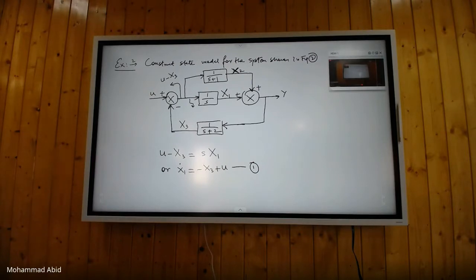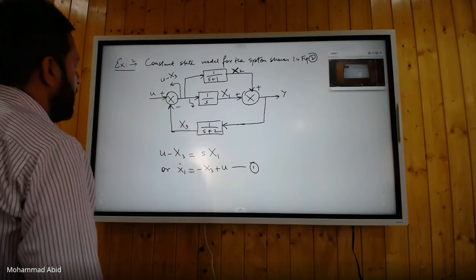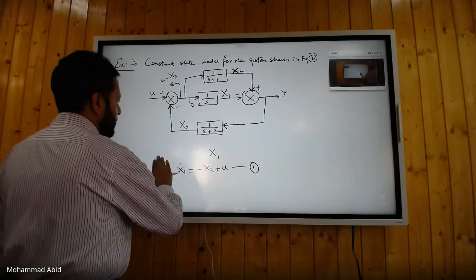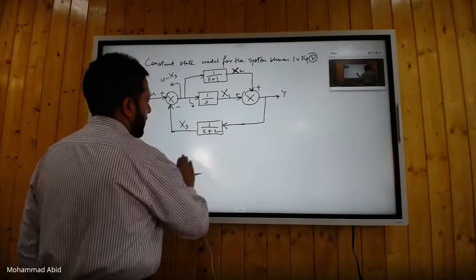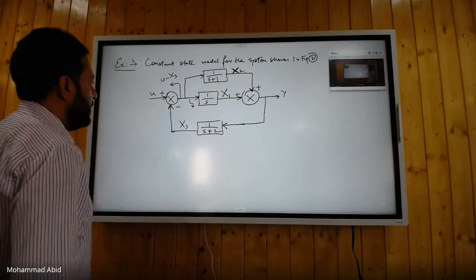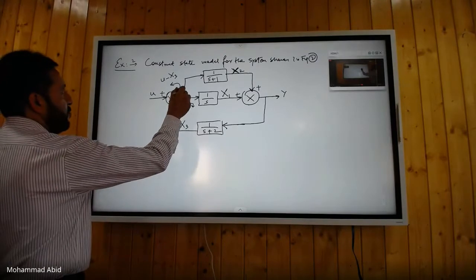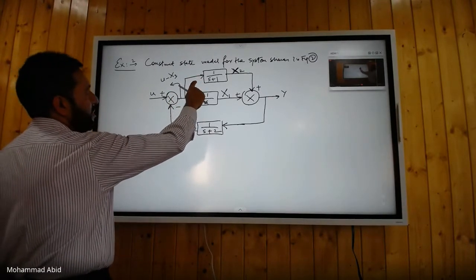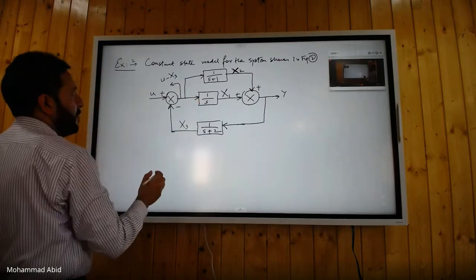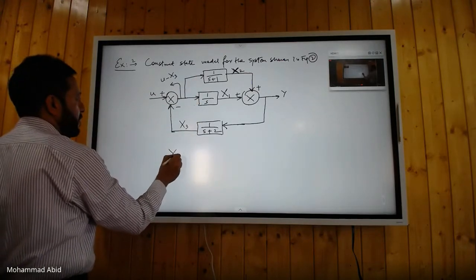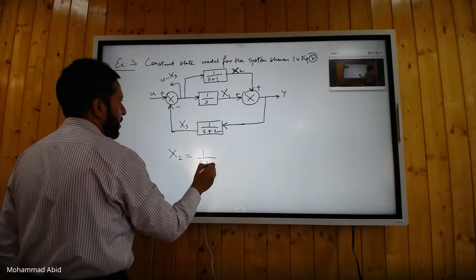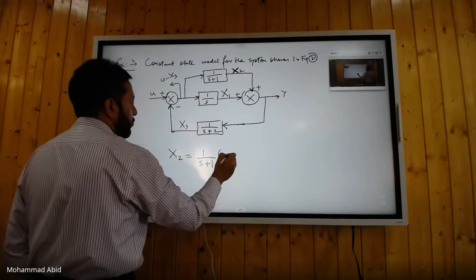And what is x2 equal to? Or we'll do it a bit differently. Just wait. As you can see here, this is u minus x3, and this u minus x3 is going as an input to this block. So x2 is equal to 1 upon s plus 1 into u minus x3.